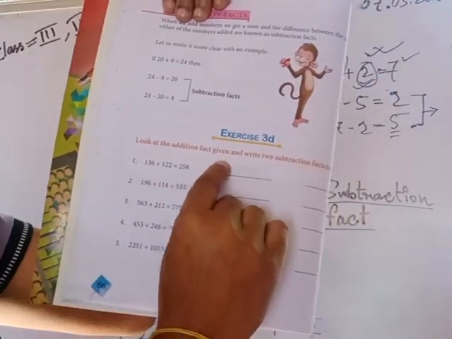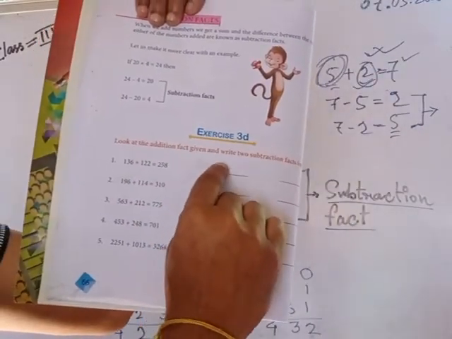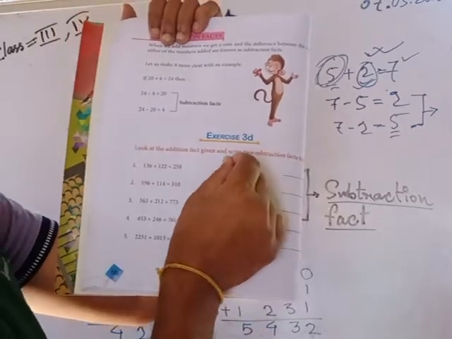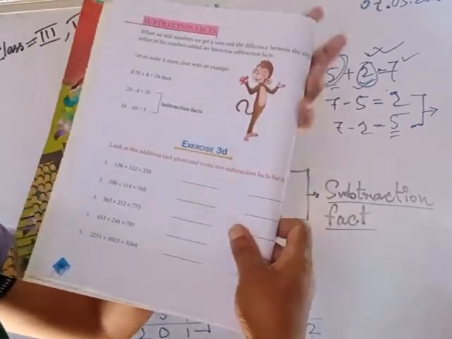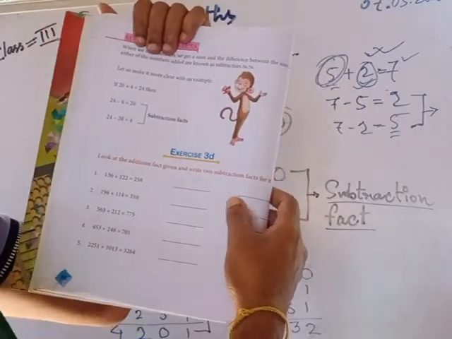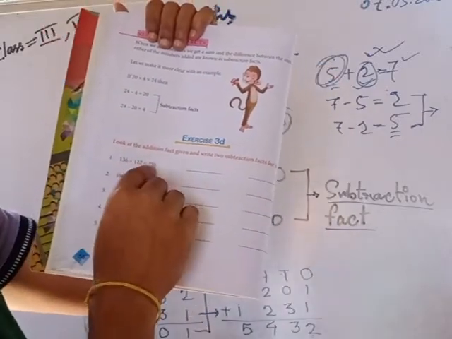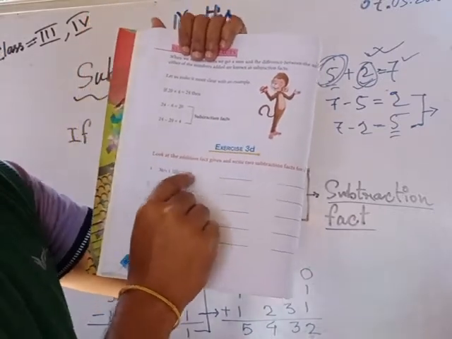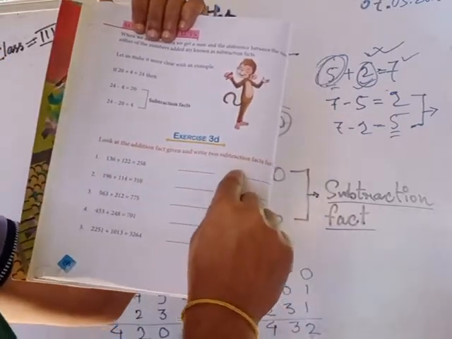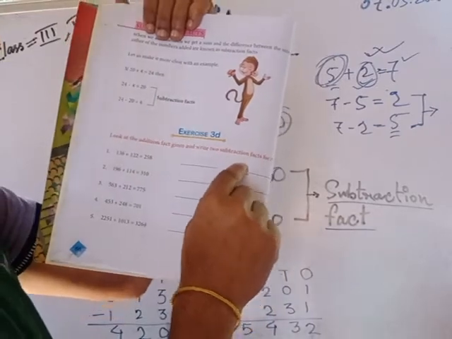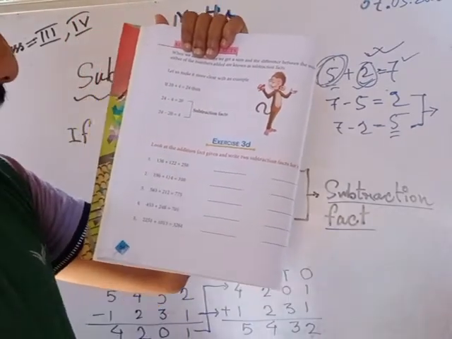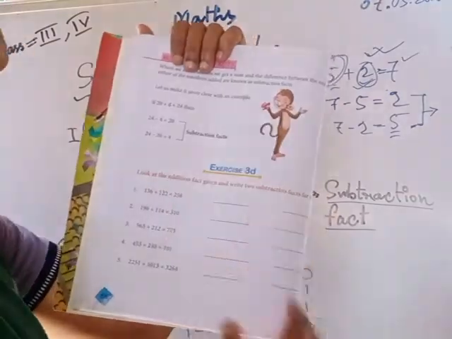That means you write 258 minus 136, and you get 122. In the second subtraction fact, you subtract 122 from the total. You write 258 minus 122, and you get 136, like this.